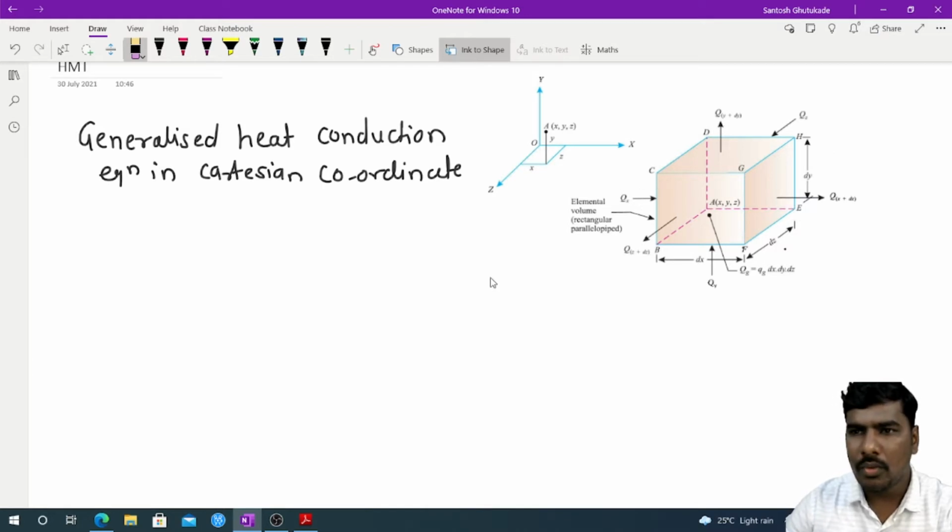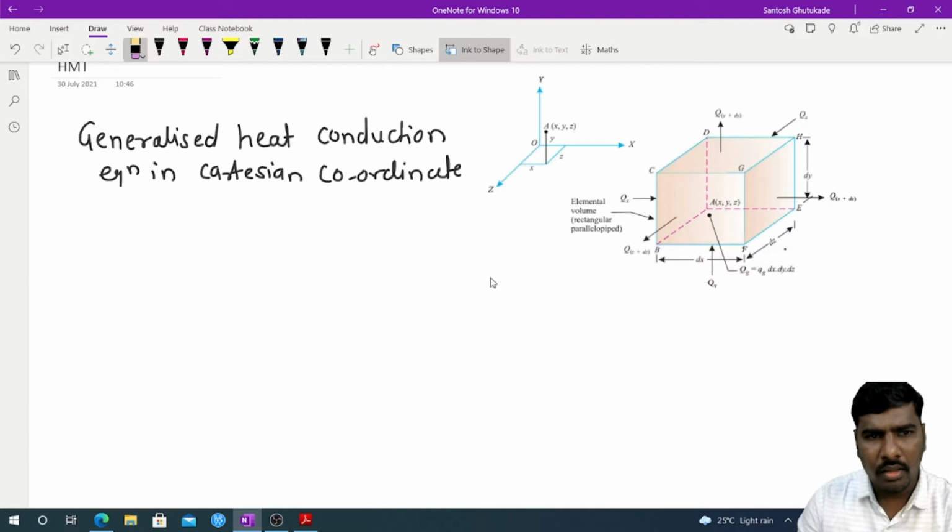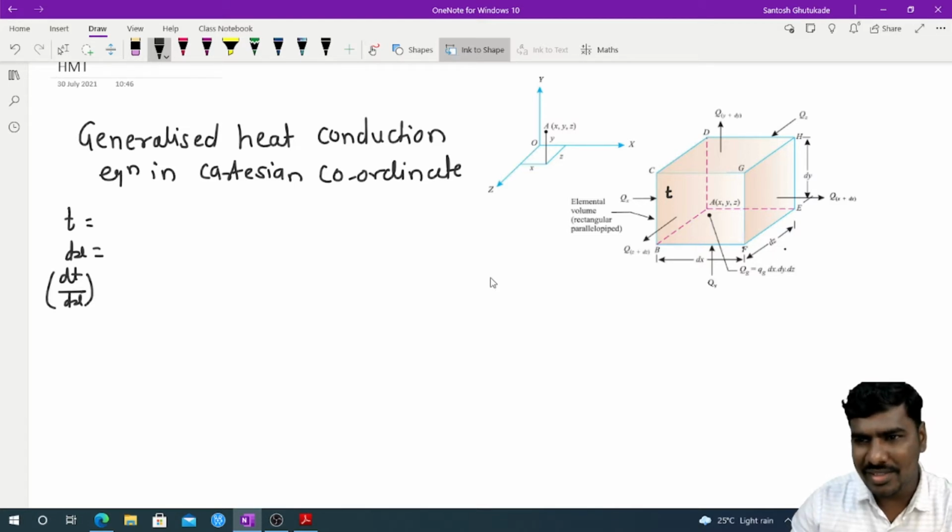Now we have to find the total energy stored in the element, that is, the generalized heat conduction equation in Cartesian coordinates. For that, T is the temperature at the left face ABCD, and dx is the thickness in the x direction. dT by dx is the rate of change of temperature through the distance dx.